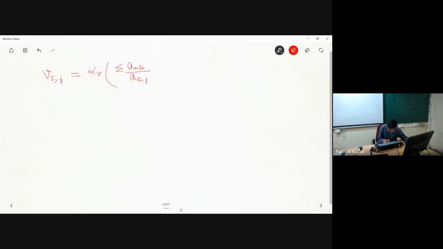It will be alpha_v times the sum of a_nb v_nb divided by a at capital I, small j, plus the pressure terms, P at capital I, j minus 1 minus P at capital I, capital J, times A divided by a at capital I, small j, plus the b term.